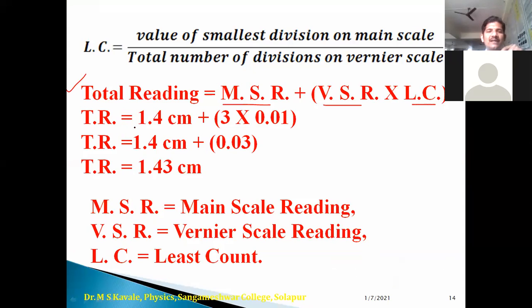As an example, if the Vernier caliper measures main scale reading as 1.4 and the third Vernier division is coinciding with the main scale, therefore 1.4 centimeter plus 3 into 0.01. Therefore, total reading is equal to 1.4 plus 0.03. Therefore, total reading is 1.43 centimeter. Here MSR stands for main scale reading, VSR stands for Vernier scale reading, and LC stands for least count.